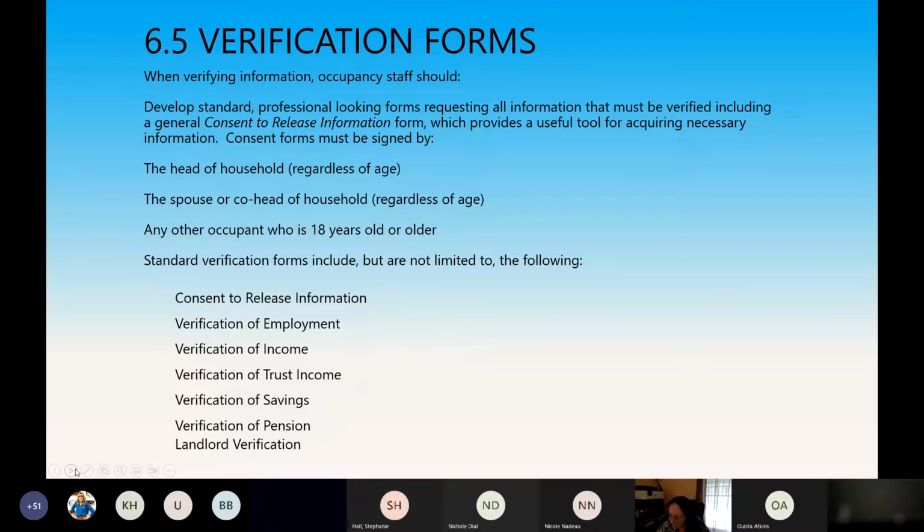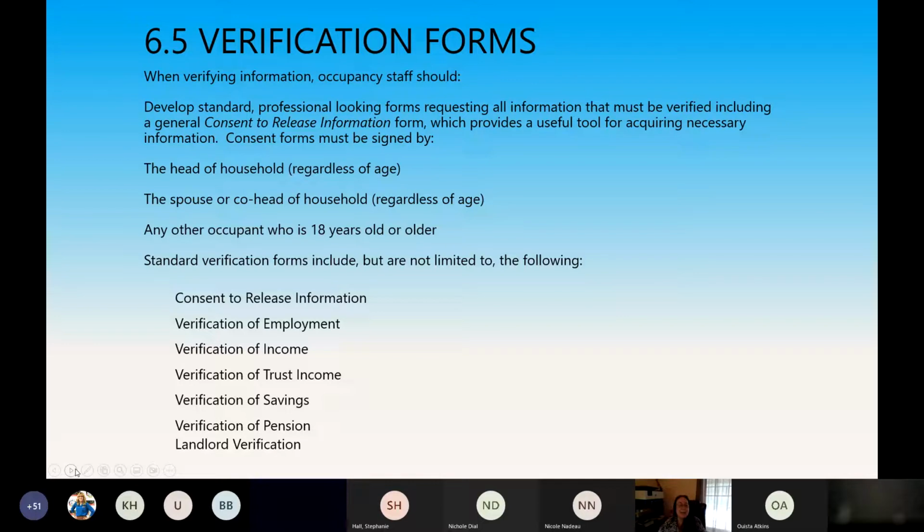I had some girls who liked to make forms, but their typing abilities weren't that good. So you have to make sure it's professional looking coming out.